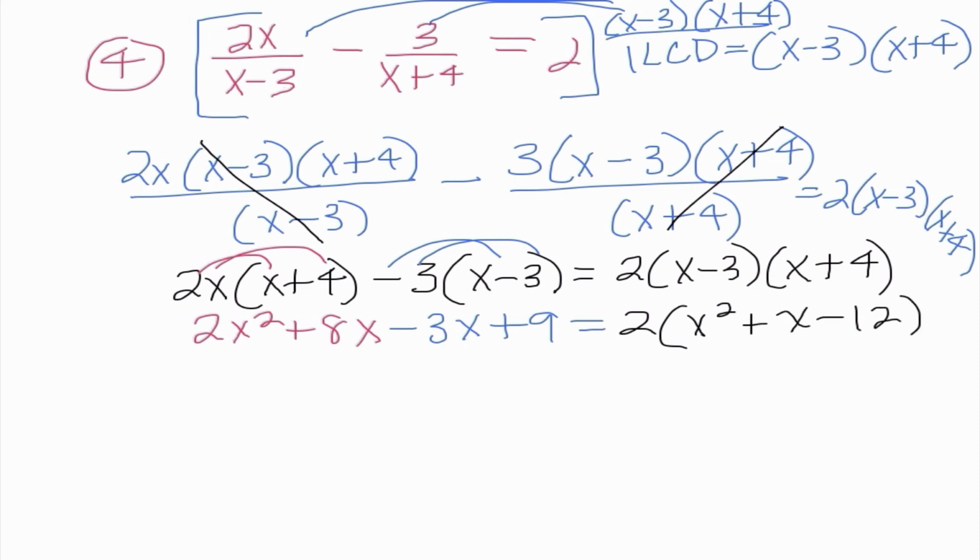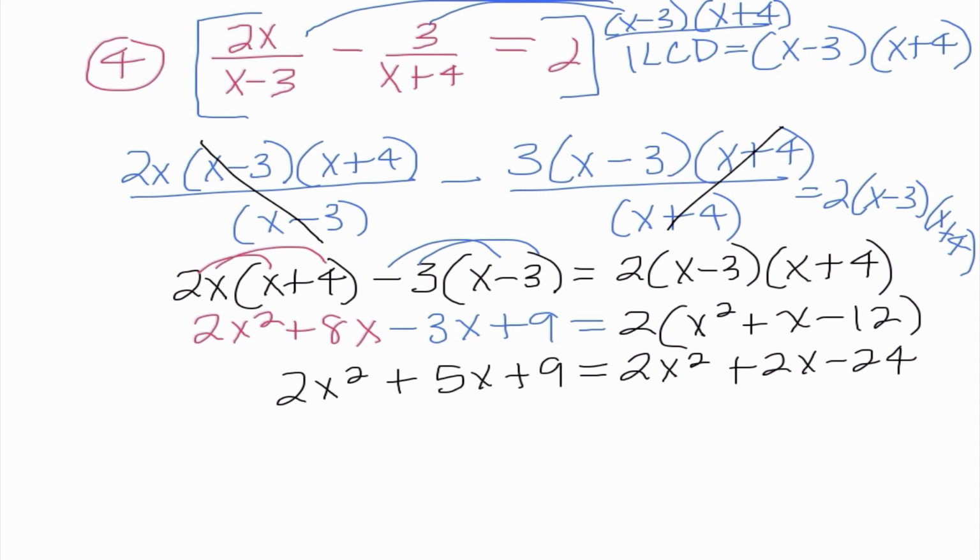And now I'm going to go ahead and kind of do two things at once. On the right-hand side, I'm going to distribute that 2. And on the left-hand side, I'm going to add my like terms together. So I have 2x squared plus 5x plus 9. And right away, you might be thinking, oh great, we have another quadratic equation to deal with.